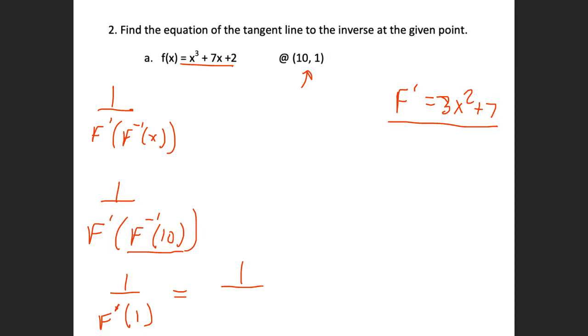So I'm going to plug 1 in here. 1 squared is 1. 3 times 1 is 3, plus 7 is 10. And so this would be the slope of the inverse function at that point. That's all it's giving us. Sorry that I did not explain it well, but that's all you have to do.